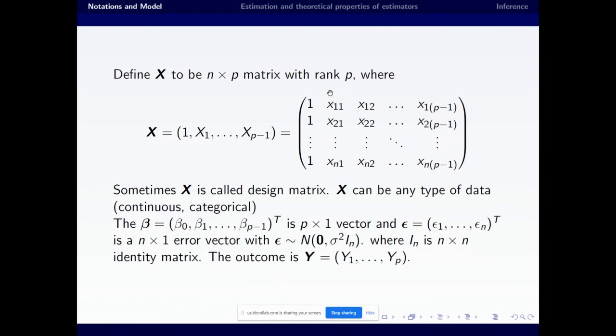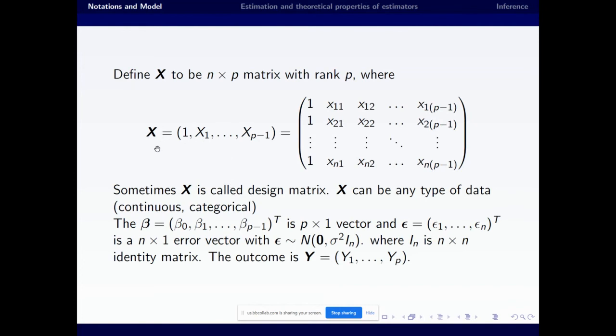So x1 is the second column of the bold X, x2 is the third column of the bold X, and xp minus 1 is the pth column of the bold X. Sometimes X is called the design matrix.